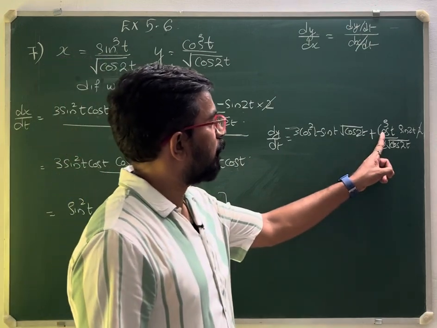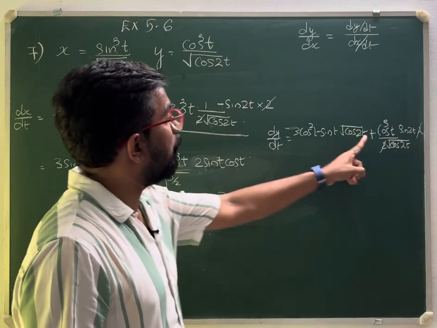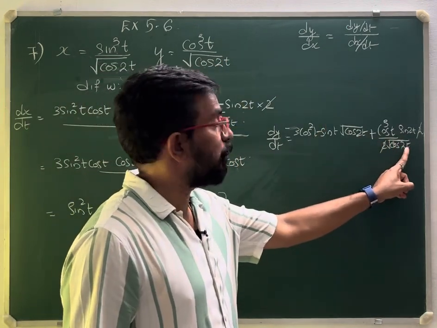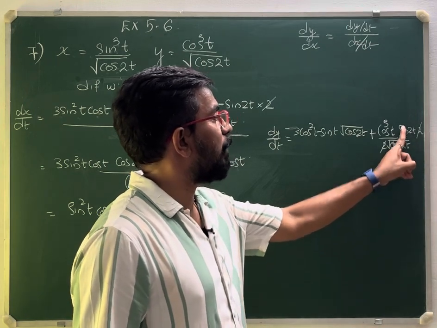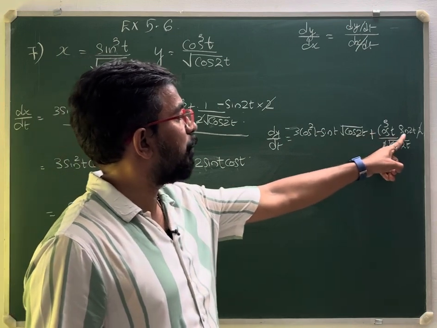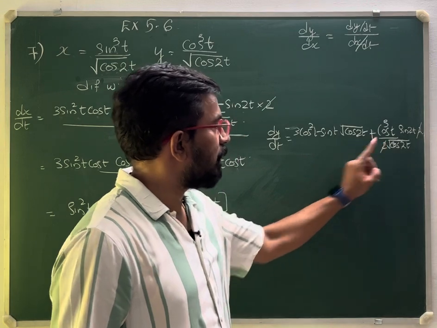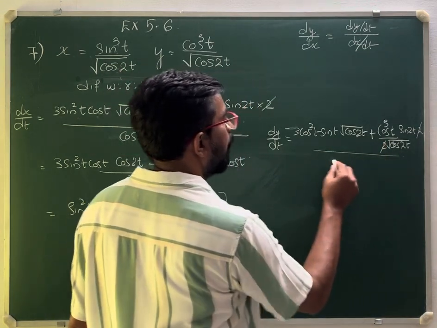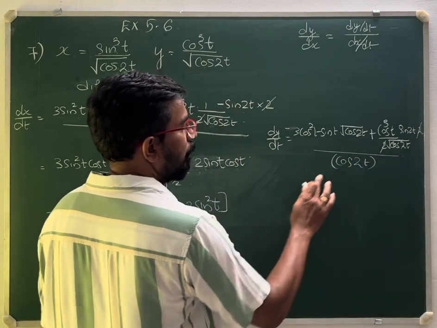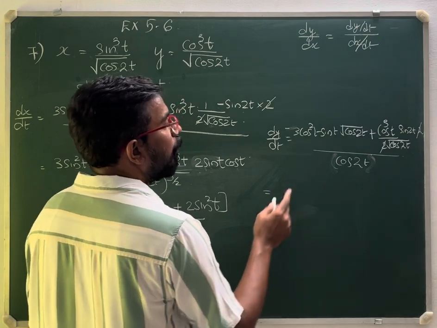Once again, 3 cos cube t is the numerator, denominator 1 by 2 root cos 2t derivative. Now cos 2t derivative is minus sin 2t, that's why this minus became plus sin 2t, then the 2 and this 2 cancel, divided by denominator cos 2t when you square it. No need of bracket, this is cos 2t. Now we will take the LCM.